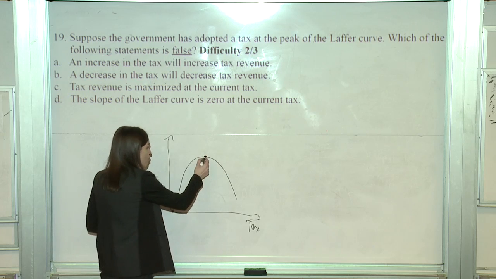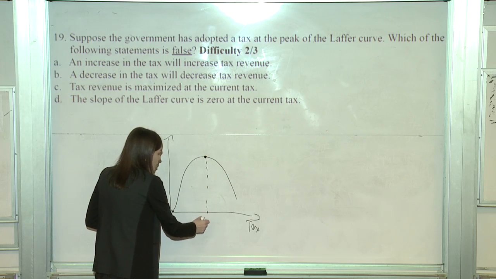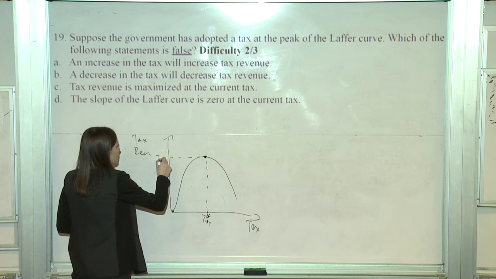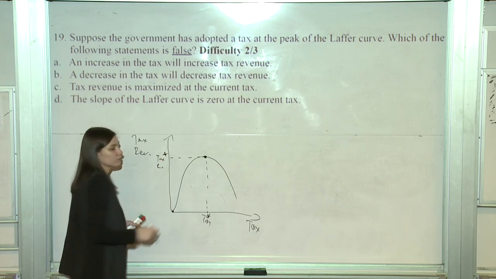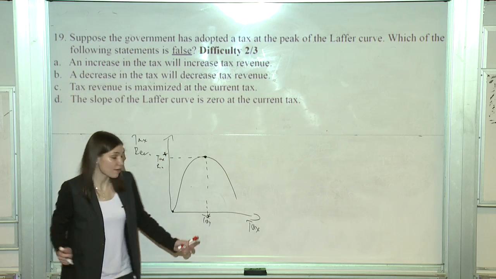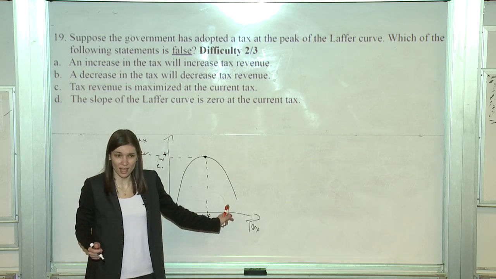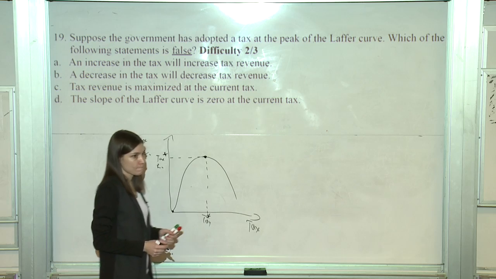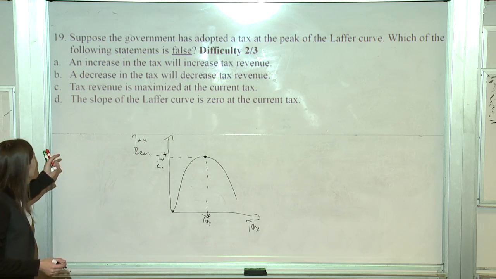At that point, let's say tax star, the government is going to get as much revenue as it can. After that point, if it starts increasing the tax, the tax revenue is actually going to decrease. All right, so let's see the statements that we have.